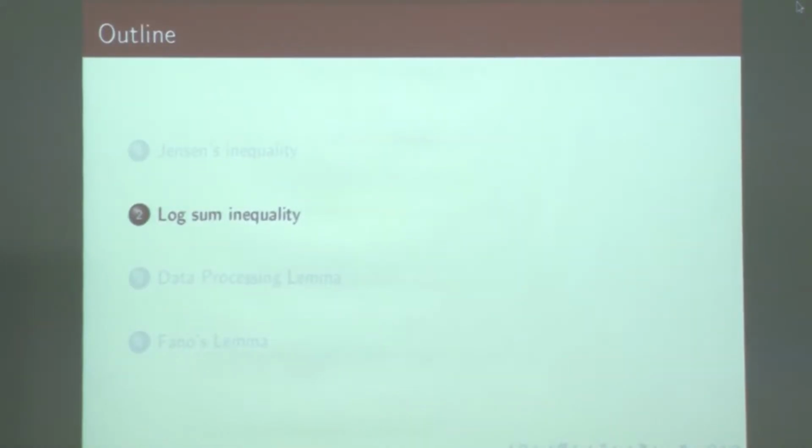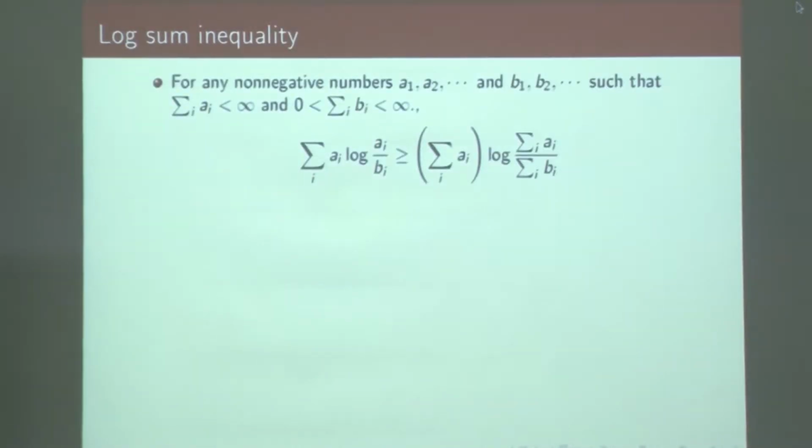Okay. So that was Jensen's inequality, which basically tells us whether the function is concave or convex. You will see its application in subsequent lectures. Now we are going to talk about what is known as the log sum inequality. So what does the log sum inequality say?